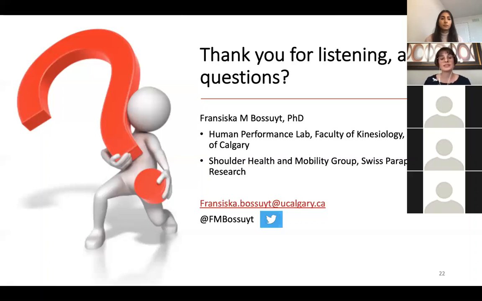What we know that is important is that we see these changes with loading, and it's normal that we have these changes, but if there is not enough time to recover and we repeat it over time and over time and over time, it's really this repetitiveness that will cause the injury. That's what happens with wheelchair users who are continuously propelling their wheelchair.